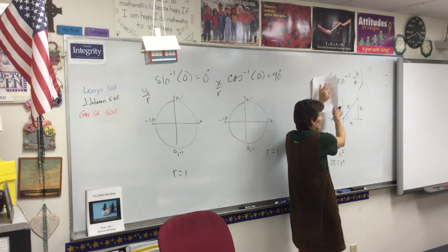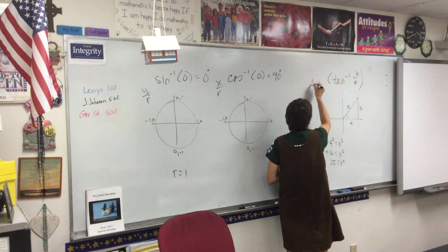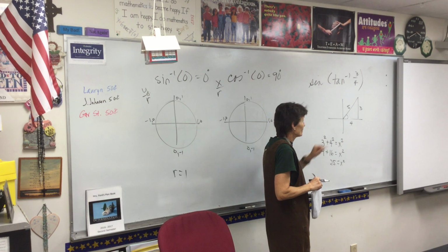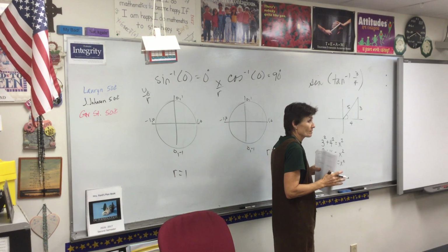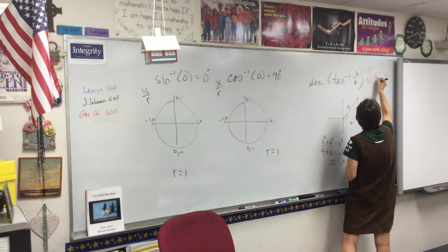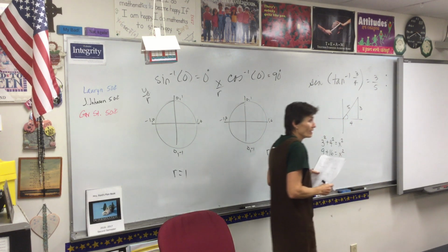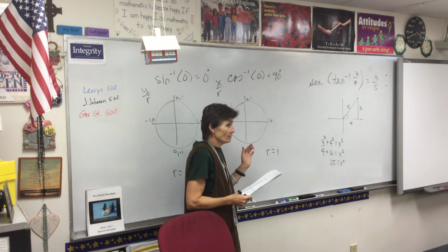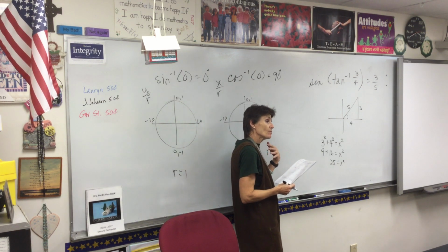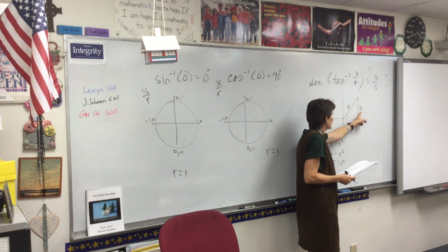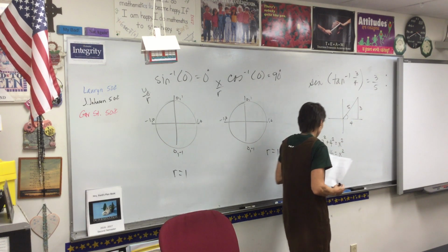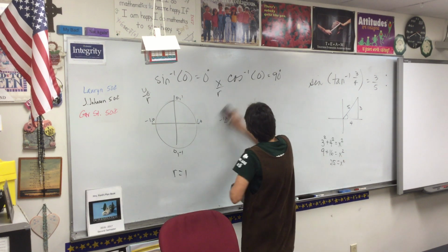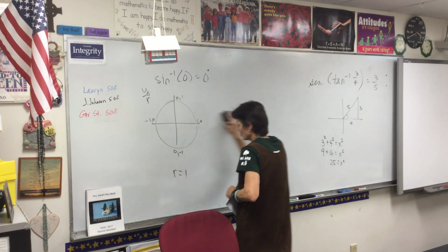Because what we want to know about it is its sine. So can you look at that picture and tell me the sine? 3 over 5. So the answer to the problem is 3 over 5. It's not a special triangle, but we don't need to know the angle. All we need to know is that opposite over hypotenuse is 3/5. So not nearly as scary as you thought.